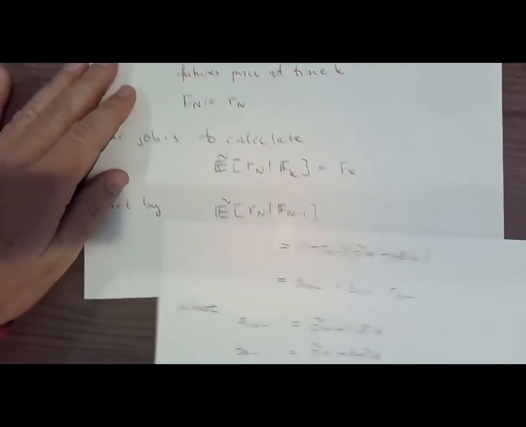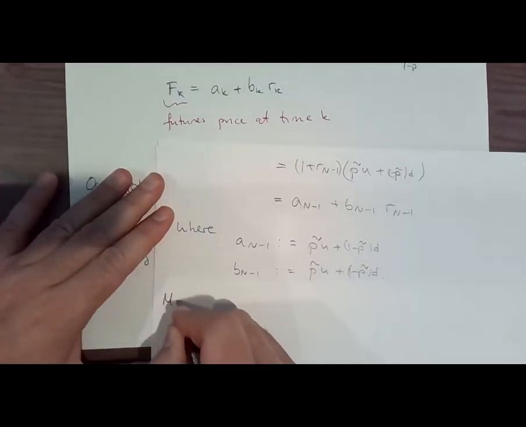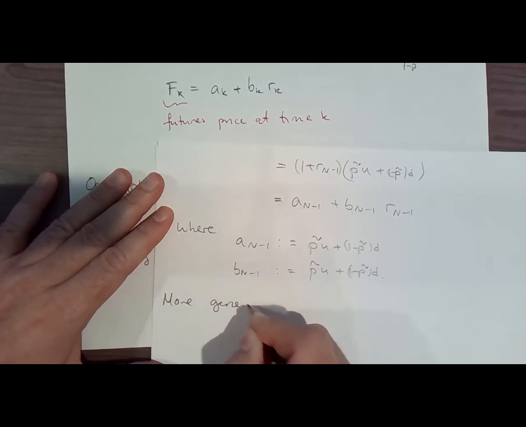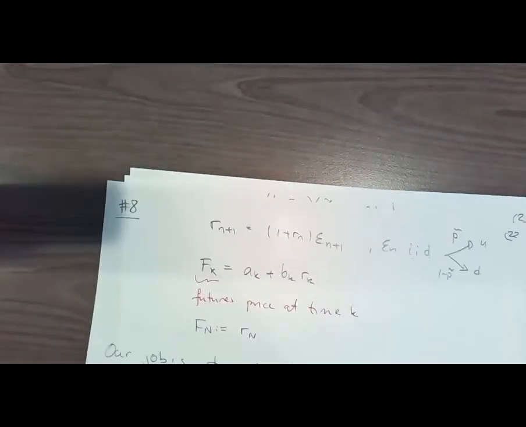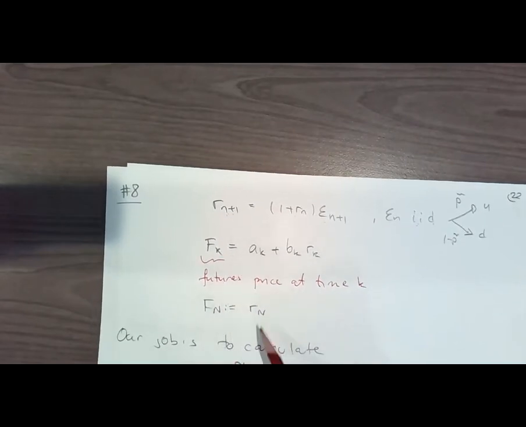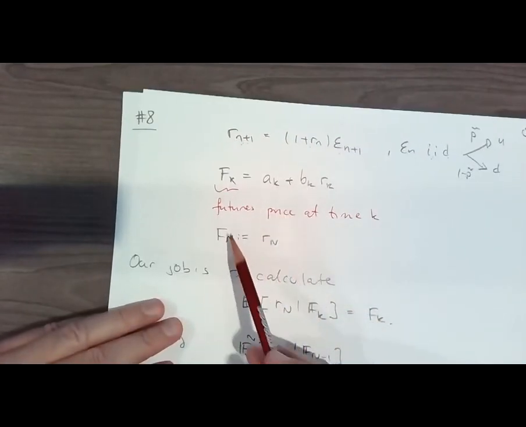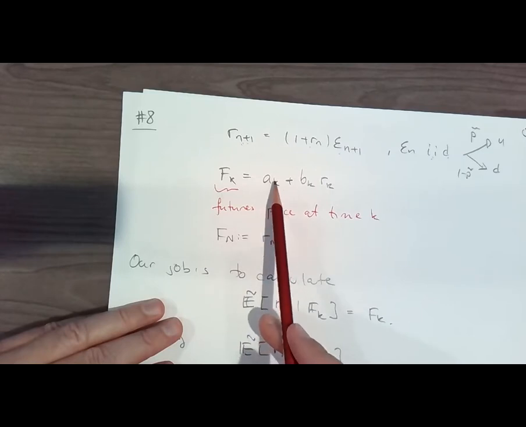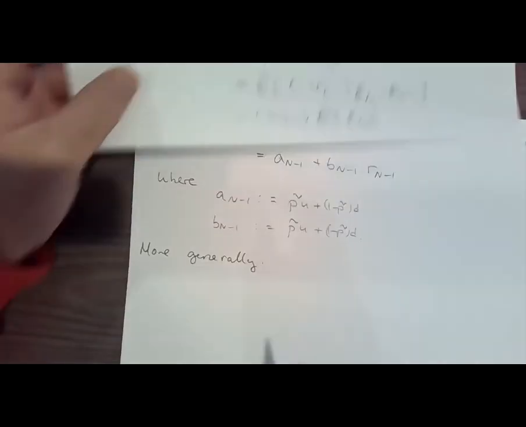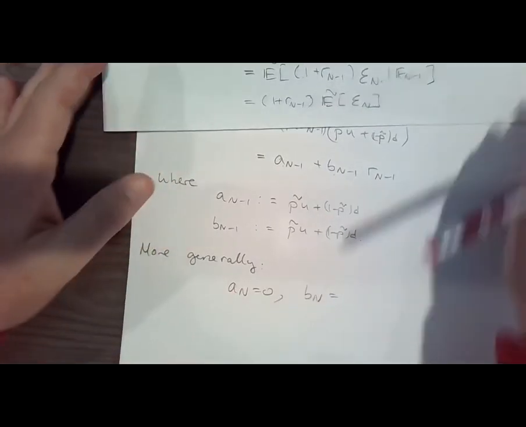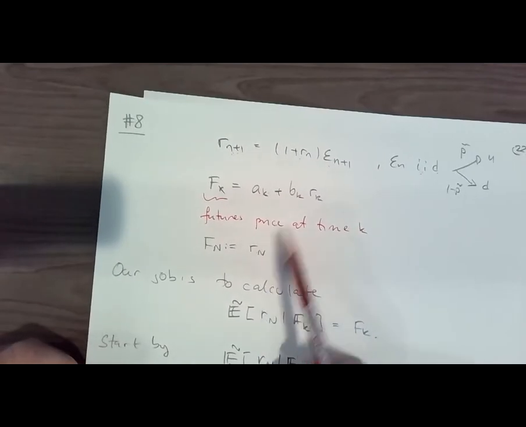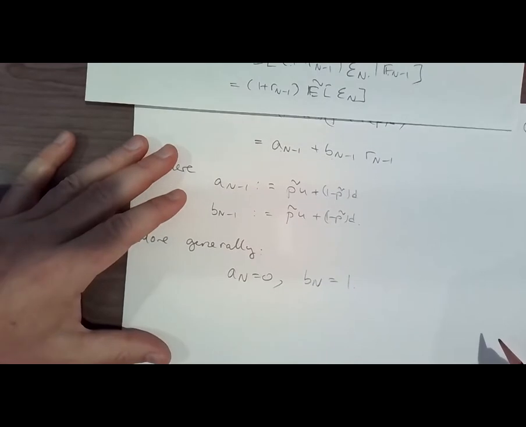So more generally, if I wanted to match up coefficients at the very end, I'll have to have that an is equal to 0 and that bn is equal to 1. So that's at the end.